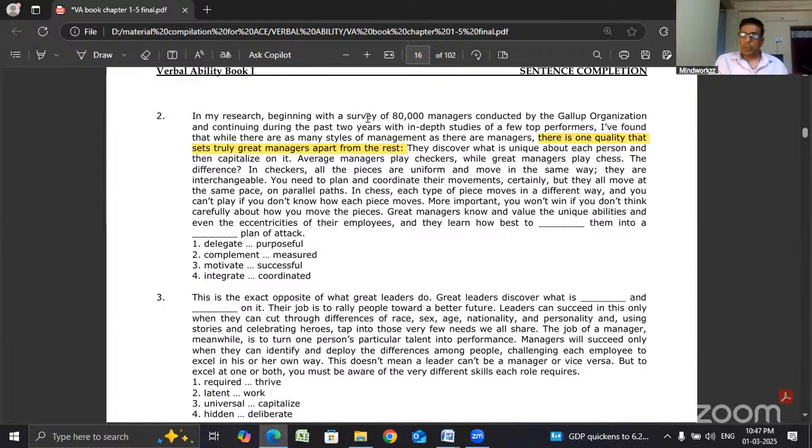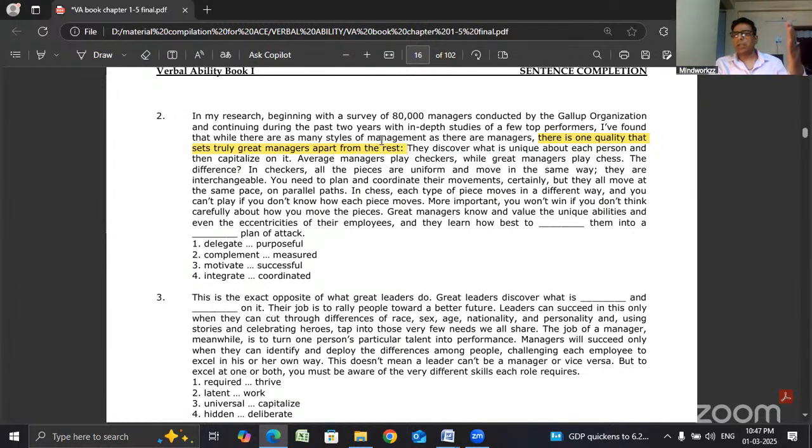The Gallup organization is actually one of the most leading HR organizations in the world. So in my research, beginning with a survey of 80,000 managers conducted by the Gallup organization and continuing during the past 2 years with in-depth studies of a few top performers, I have found that while there are as many styles of management as there are managers, it means there is not one single style of managing.